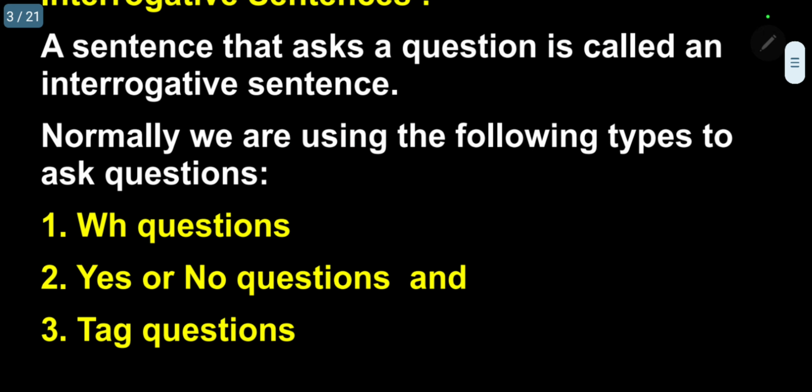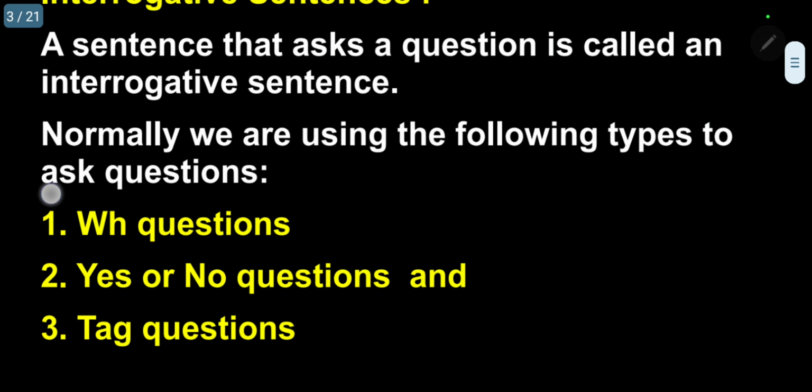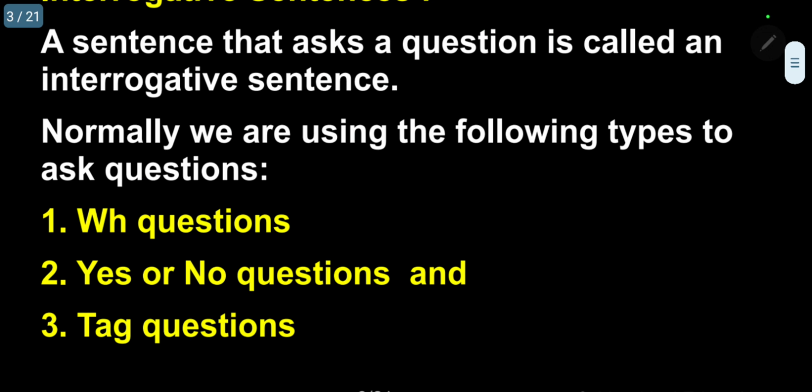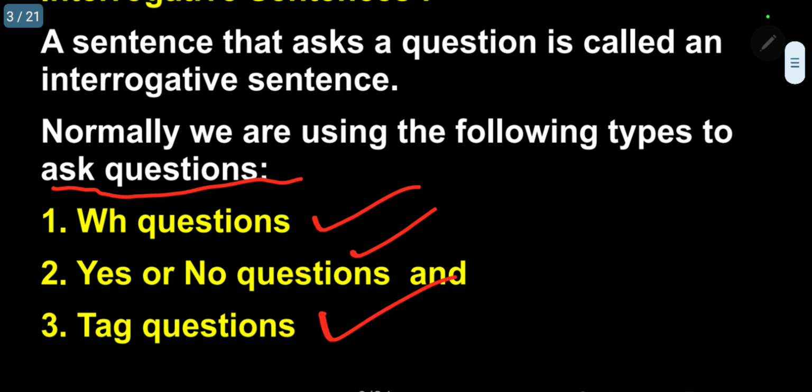Normally we use the following types to ask questions. We have three types. Number one, WH questions. Number two, yes or no questions. And number three, tag questions.